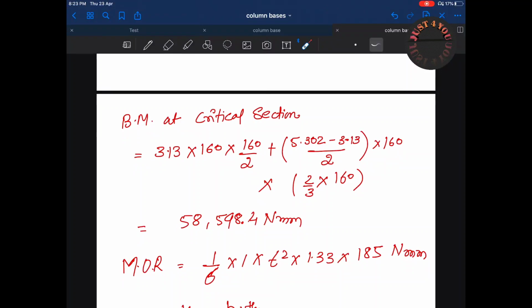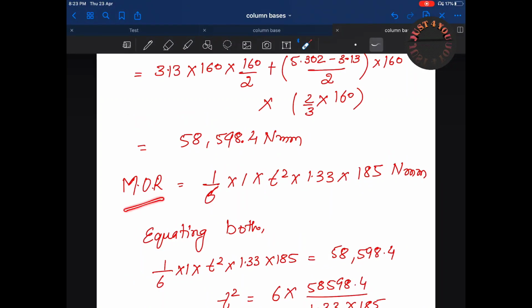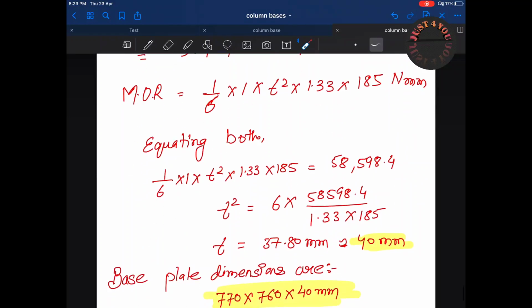So what we get is 58,598.4 Newton mm. Now the moment of resistance is 1 by 6 into 1 into t square into 185. Similarly, I multiplied it by 1.33 because of wind moment.